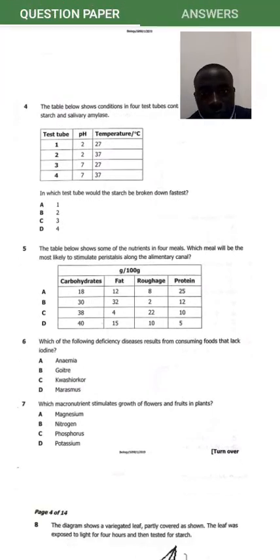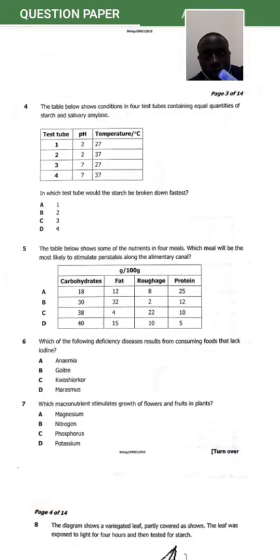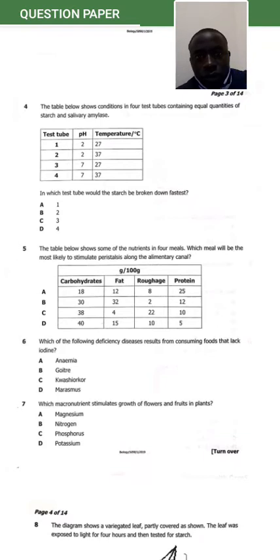Question 5. The table below shows some of the nutrients in 4 meals. Which meal will be the most likely to stimulate peristalsis along the alimentary canal? So you have carbohydrate, fat, roughage, and protein.